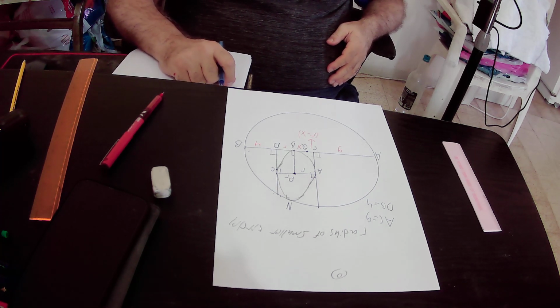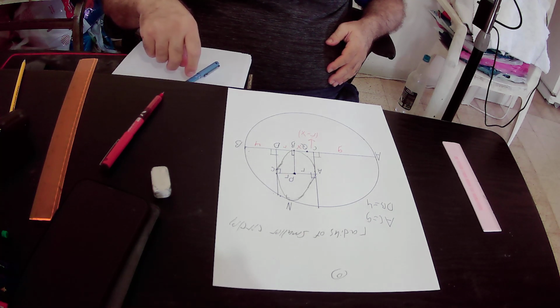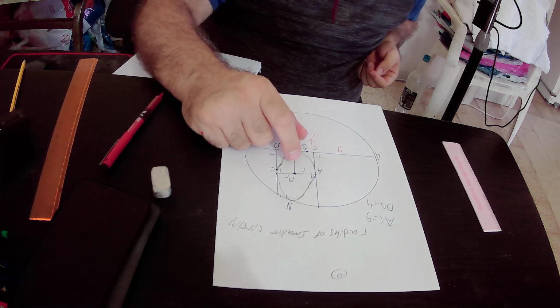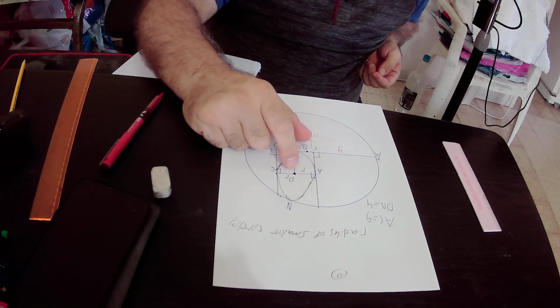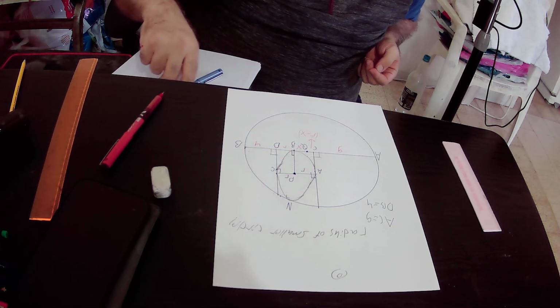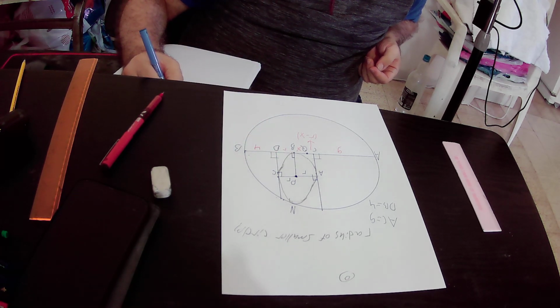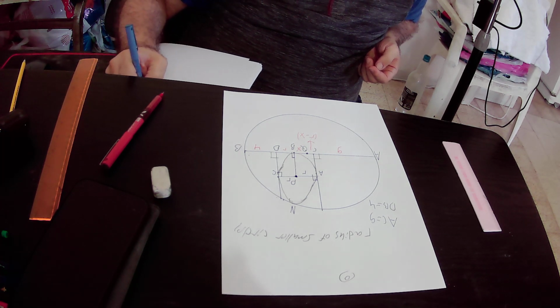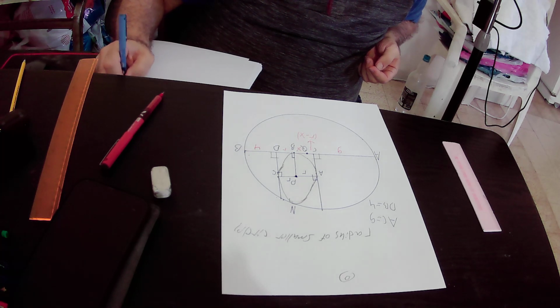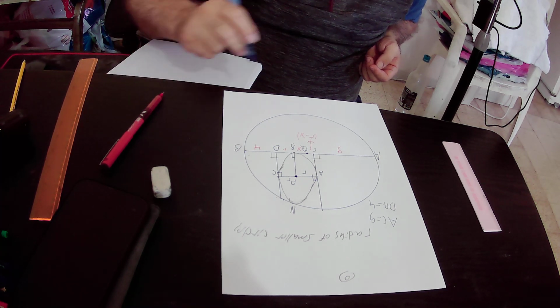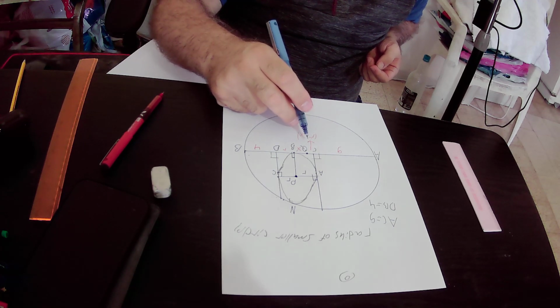Therefore, the distance between the centers of the two circles. Here P is the center of the small circle, and Q is the center of the big circle.